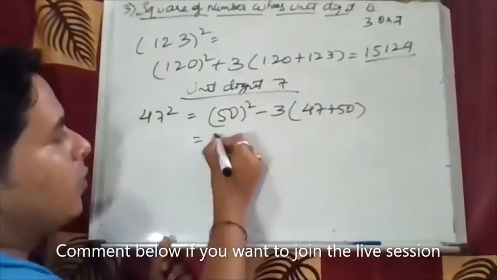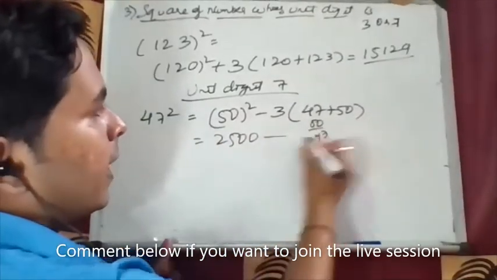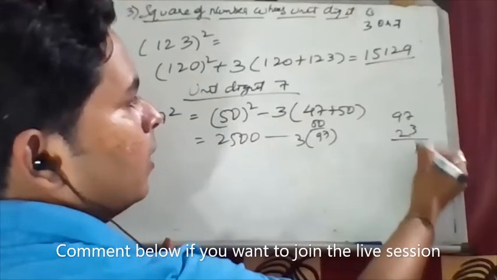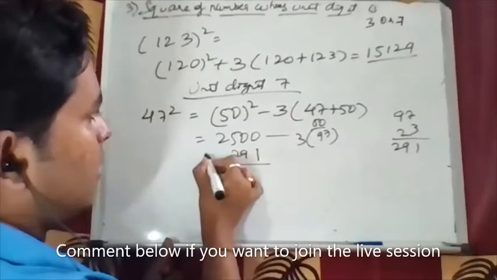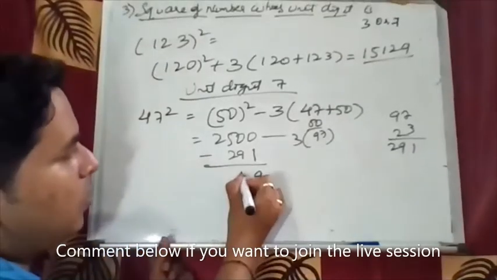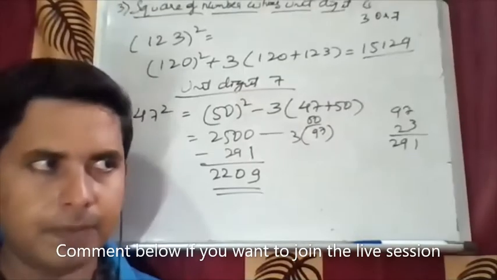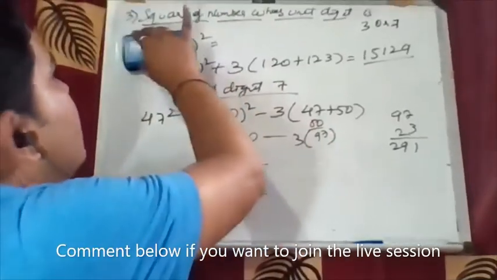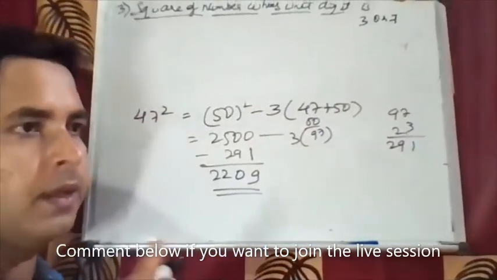50 square is 2500. Minus, add these two: 97, so 3 into 97, which is 291. On subtraction we get 2209. So we'll get the answer as 2209. Similarly, do one more example: the square of 137.